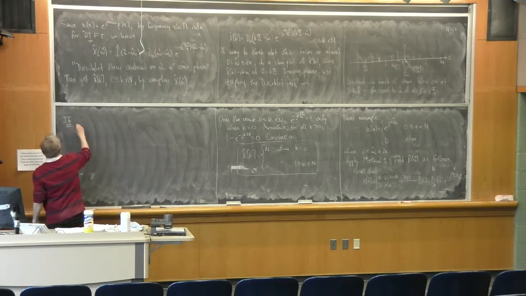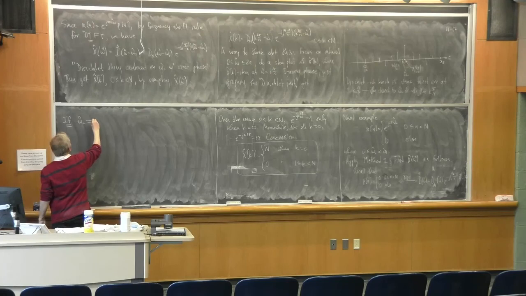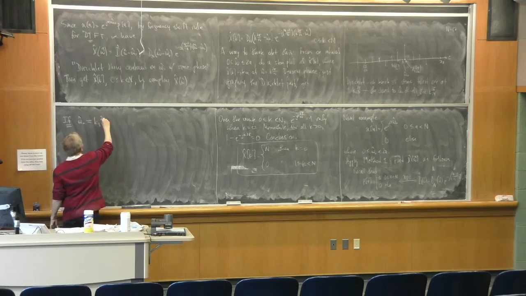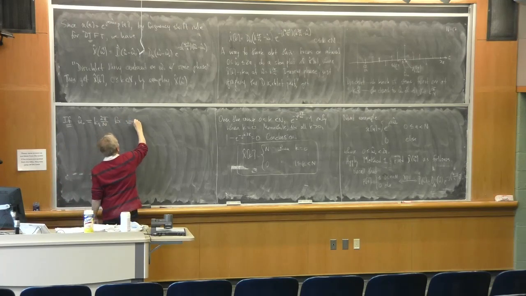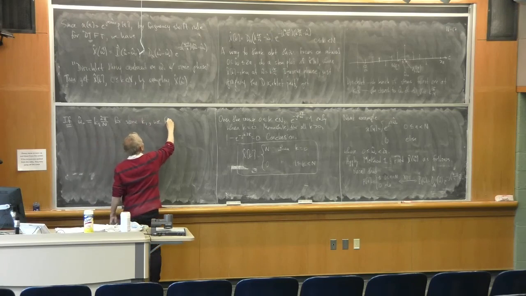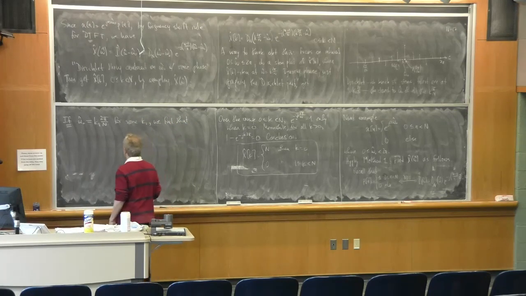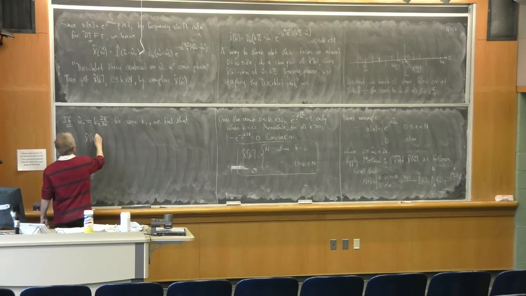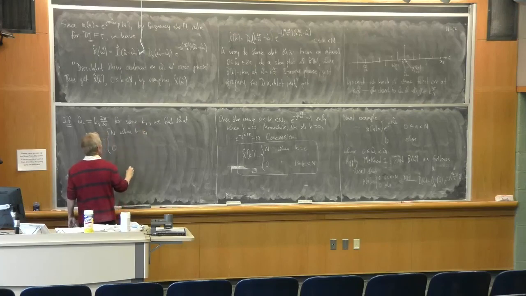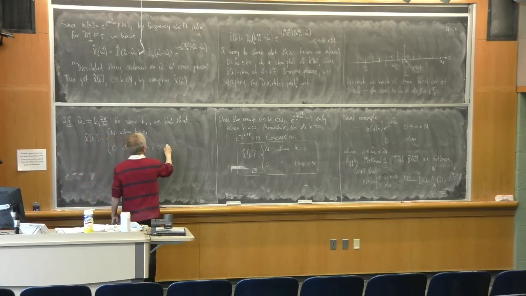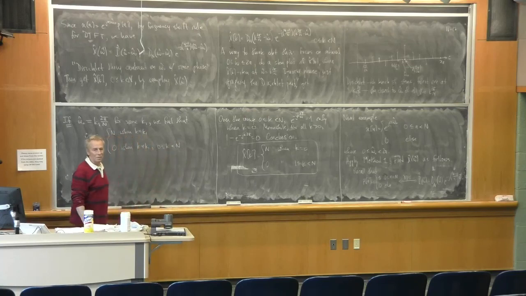So if, on the other hand, omega 0 hat exactly equals, say, k1 2 pi over n, just so you don't confuse it with the k0 up there, for some k1, we find that x hat of k is going to be a delta. It's going to equal cap n when k equals k1 and 0 when k is not equal to k1. And of course k is running over the range 0 to n as always.